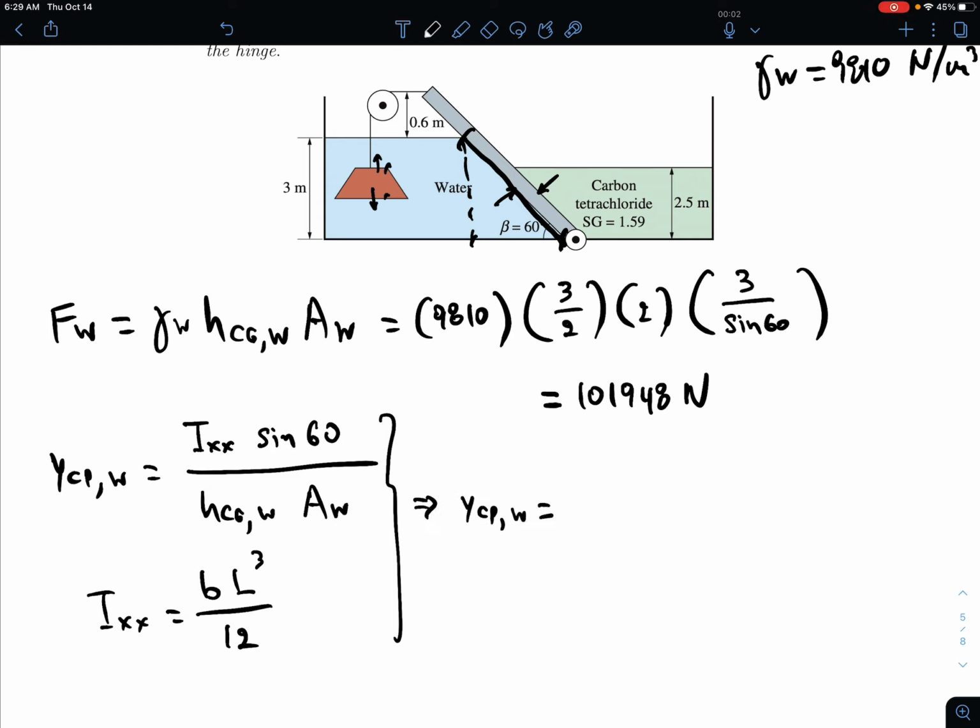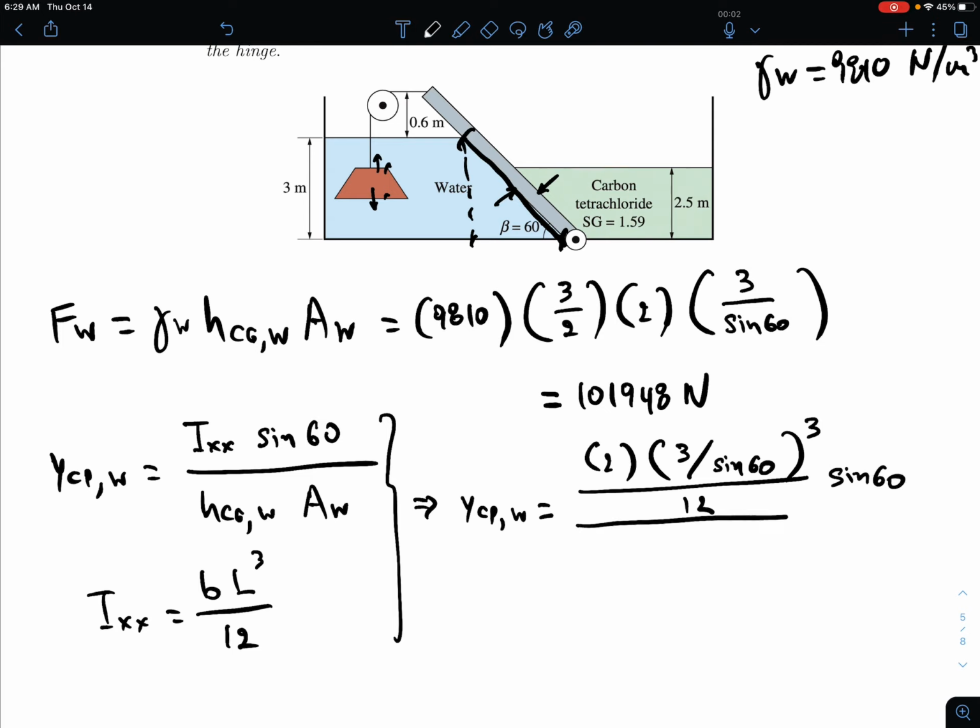So by combining these two, we end up with 2 meters times (3/sin 60) cubed divided by 12, times sine 60, divided by 3/2 and then the area, which we already calculated before, which is 2 times 3/sin 60.